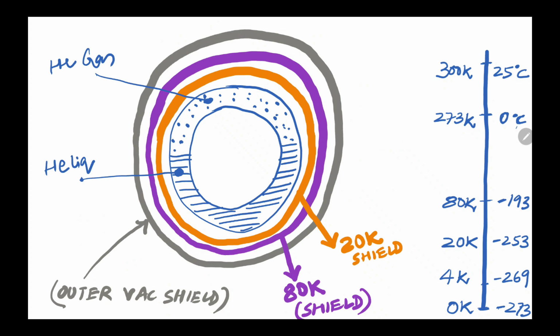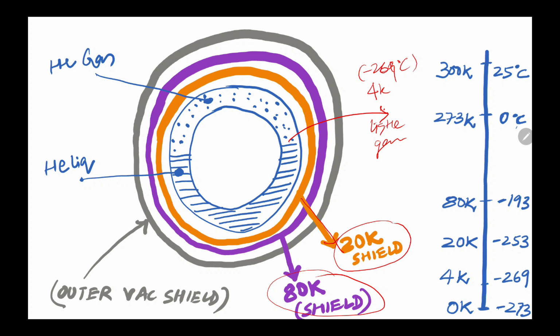Now the next slide. In this slide you can see inside is liquid helium and gaseous helium. As you know, liquid helium is at 4 Kelvin, minus 269 degree centigrade. Outside, this orange color is the 20 Kelvin shield, and purple is the 80 Kelvin shield. Now there is one more shield, the outer vacuum shield, OVC. Different vendors have different names, so you just understand the concept.